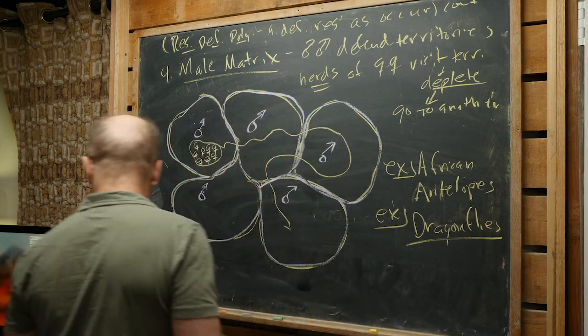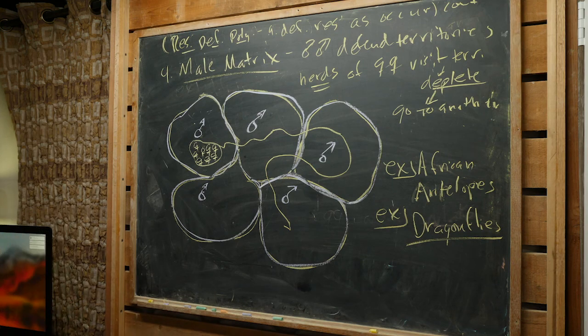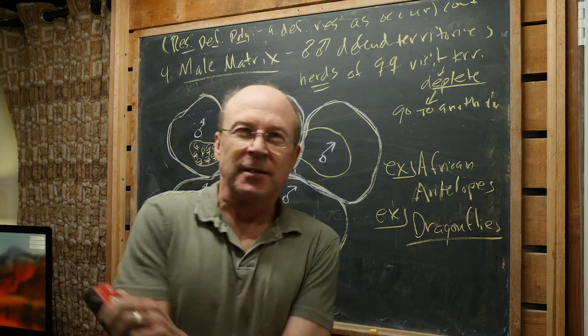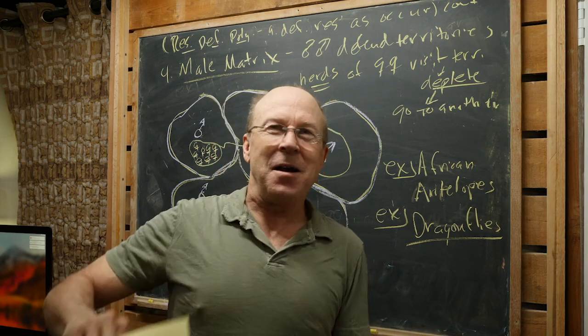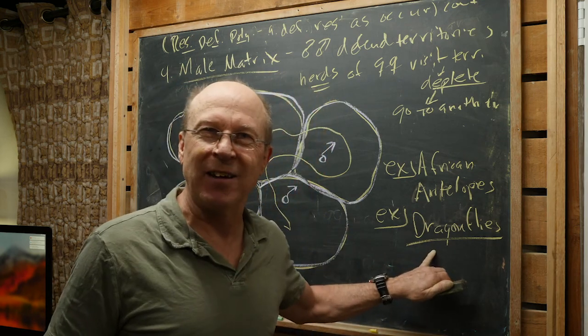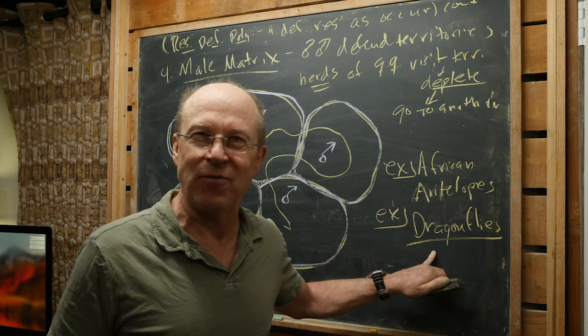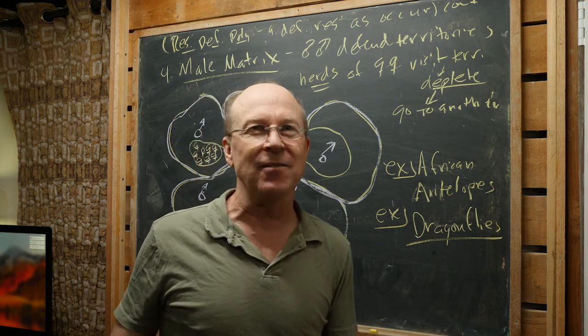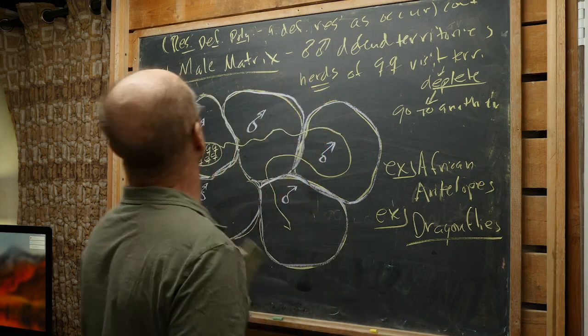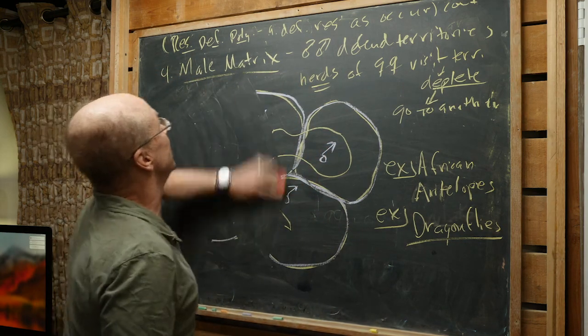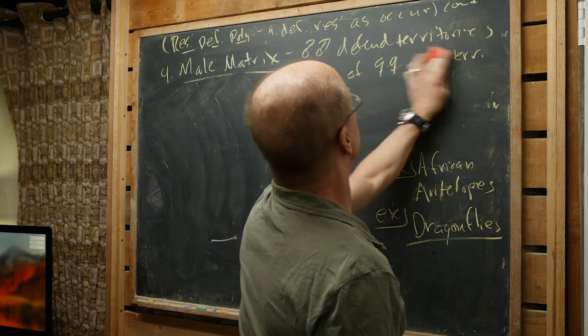Now, you need a little bit more information on this dragonfly thing because it's going to shed some extraordinary new light on other, I mean, we're talking about living fossils. Dragonflies, they've been around forever, and man, do they have some bizarre sex. I gotta show you. So, okay, there's your drawing, male matrix.